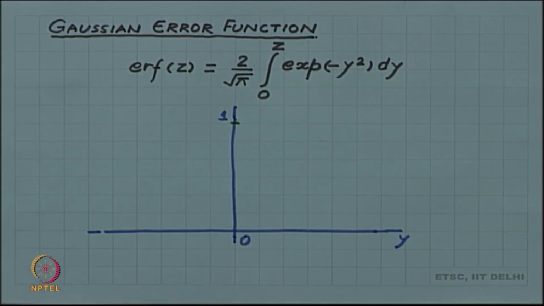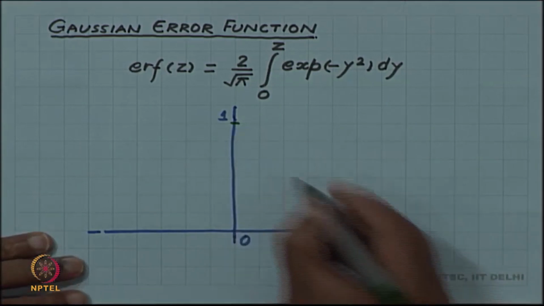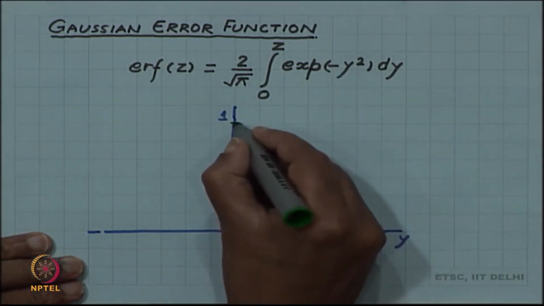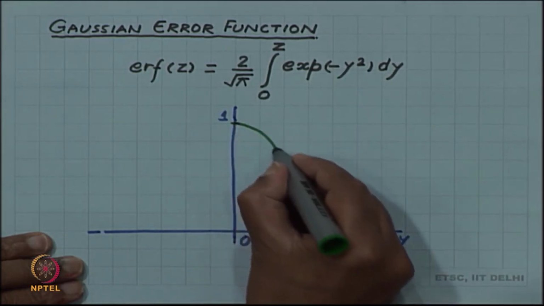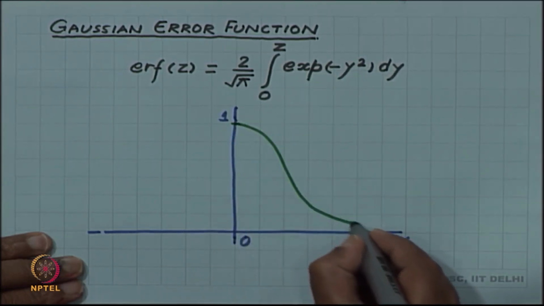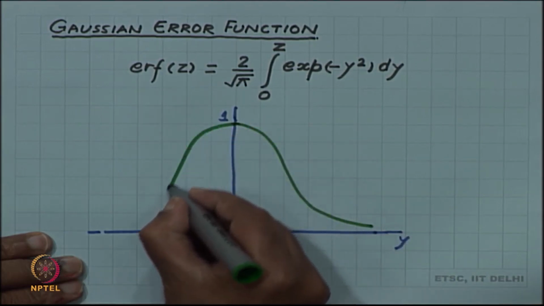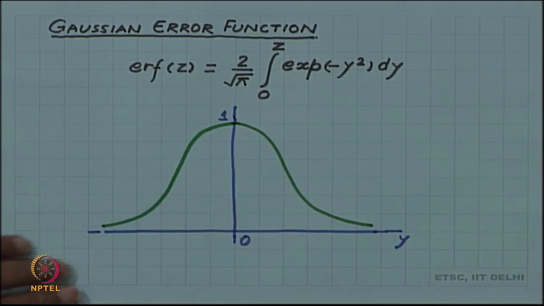Then this function will decrease as you increase y because of the negative sign. So, the function will go like this. It is the Gaussian bell shaped curve.